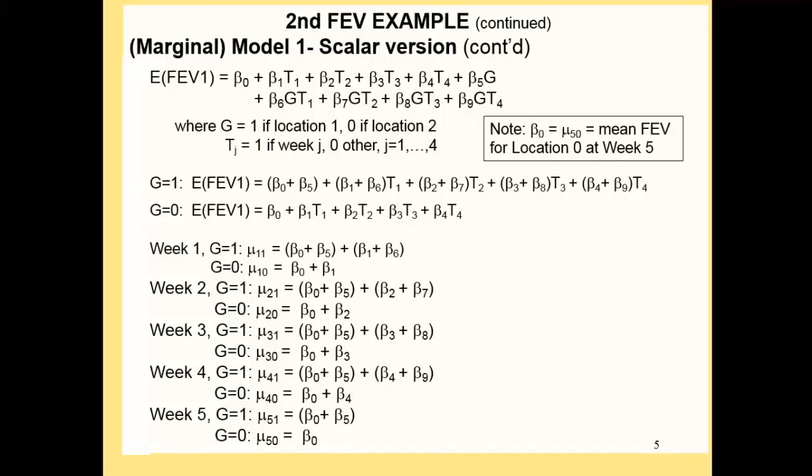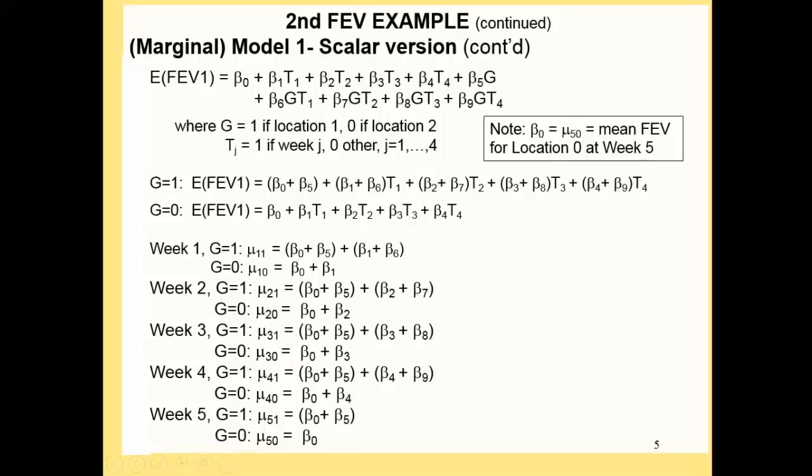What happens to this model? The reference group is week 5. What's T1, T2, T3, and T4? 0. What's G? What's GT1, GT2, GT3, GT4? 0, right? So if you're in location 0 at week 5, the model reduces to beta 0.